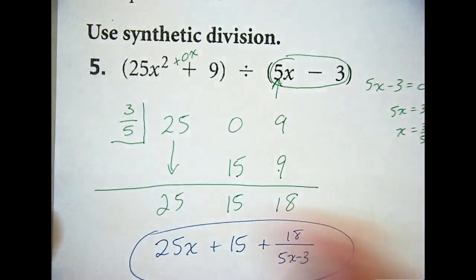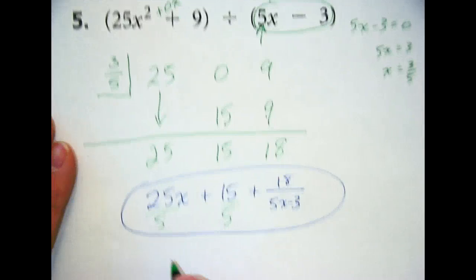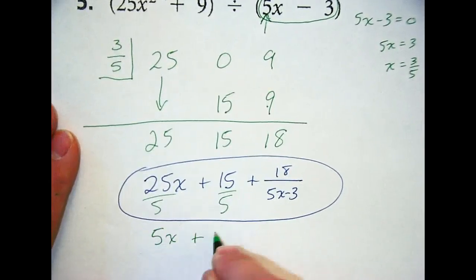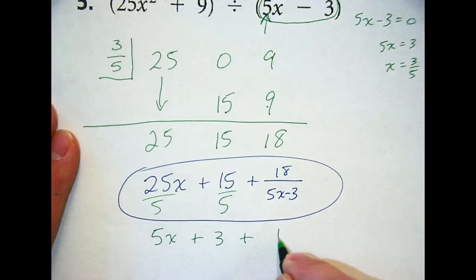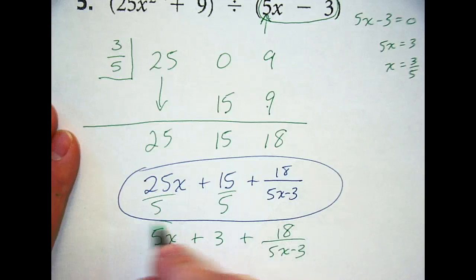So, Christy, this is what you're asking, right? Yeah, you'd have to take out that extra 5 from those two, which ends up giving you 5x plus 3 plus 18 over 5x minus 3. Now, we don't have to take it out here because it's being divided by right here. So we're going to take it out of the 18.